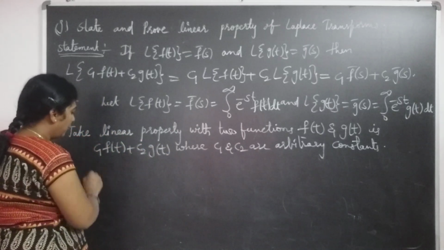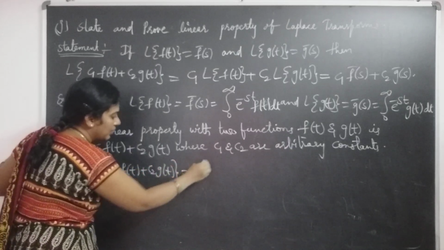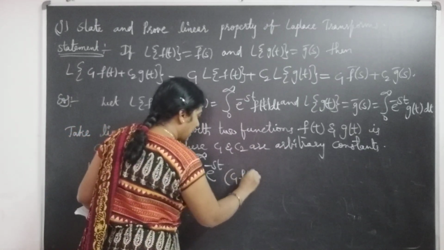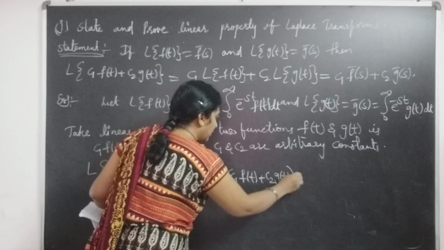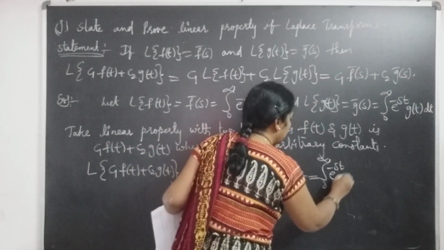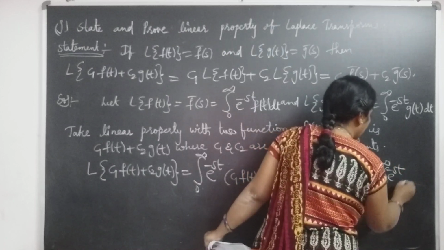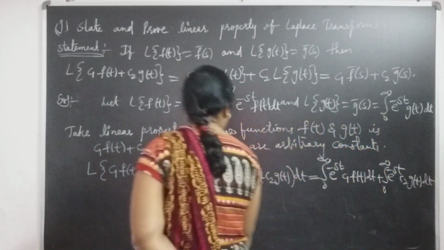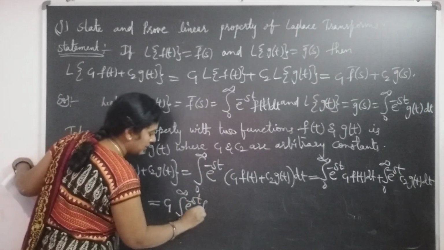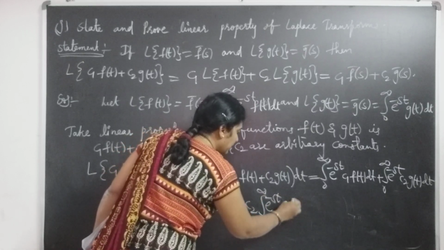Take the Laplace transform of this linear combination. L of c1 f of t plus c2 g of t is equal to integral 0 to infinity e power minus st into c1 f of t plus c2 g of t dt, which equals integral 0 to infinity e power minus st c1 f of t dt plus integral 0 to infinity e power minus st c2 g of t dt. c1 and c2 are constants, so take them outside: c1 integral 0 to infinity e power minus st f of t dt plus c2 integral 0 to infinity e power minus st g of t dt.